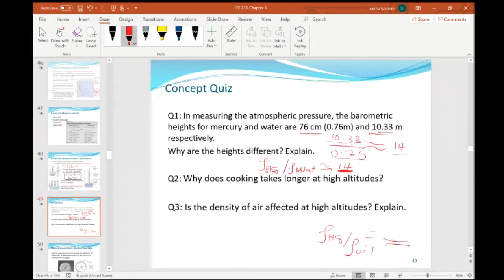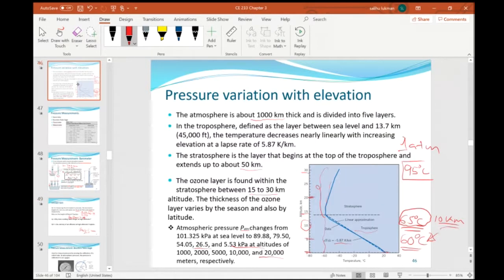So now this is the explanation. And then, why is the density of air affected at high altitudes? Explain. When you go up, the density is affected because of the low pressure.